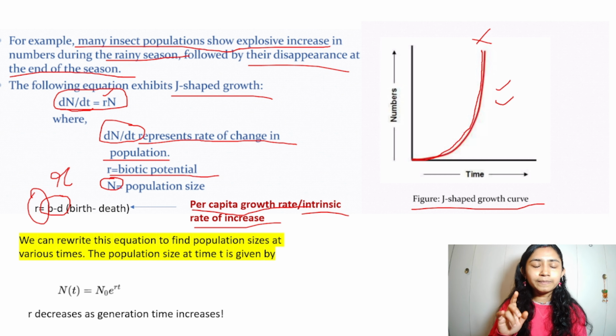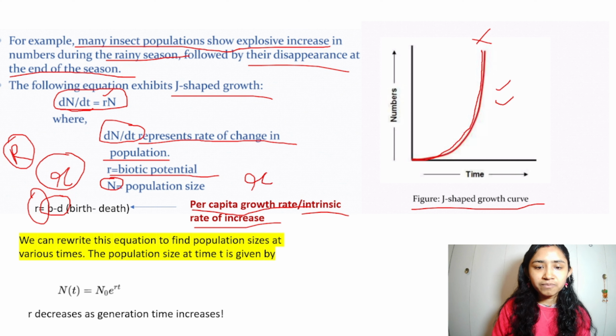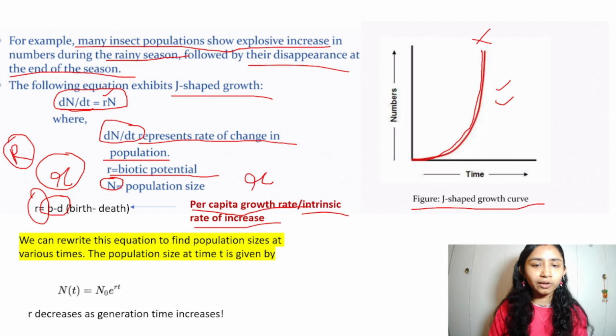I hope you remember what capital R is. Capital R was the net reproductive rate, and this small r is the intrinsic rate of increase. There is a relation between capital R and small r. We will deal with this in the next video. For now, you have to understand the small r. The small r is very important for both exponential growth and logistic growth.